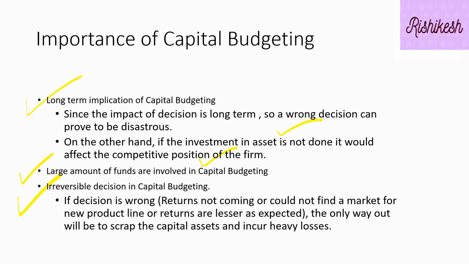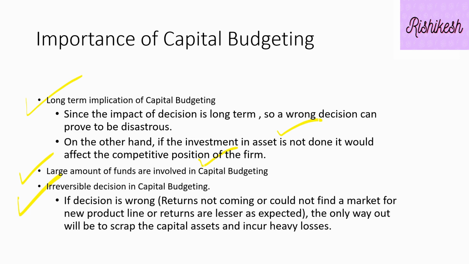The third thing is that it's an irreversible decision in capital budgeting. So if the decision is wrong, that is, returns are not coming, or you could not find a market for the new product that you have launched, or returns are lesser than expected, the only way out will be to scrap the capital assets and incur heavy losses.